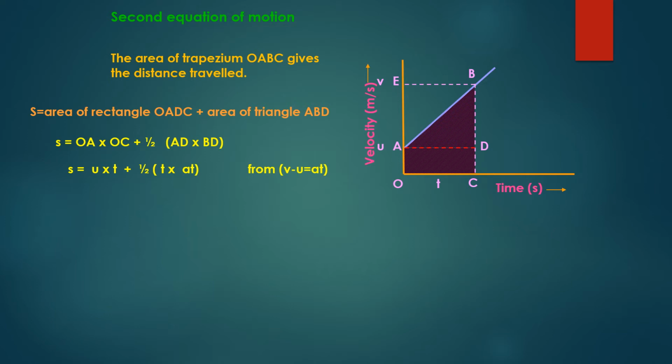So BD can be rewritten as at from v minus u. Now your equation stands as s is equal to ut plus half at square. This is the second equation of motion.